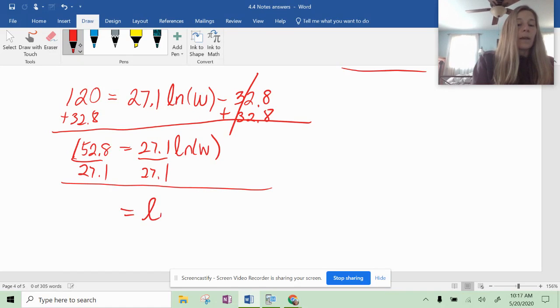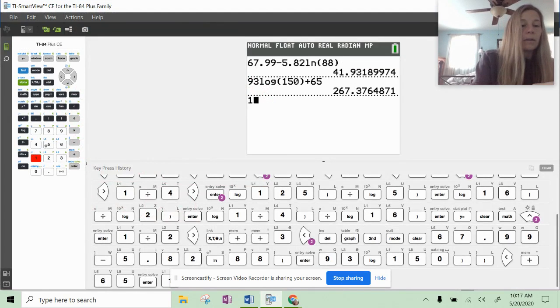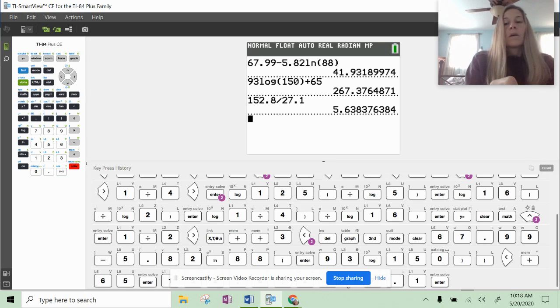So I have ln of W equals, and I believe I get 5.633. So if you check it on your calculator, 152.8 divided by 27.1, 5.638.